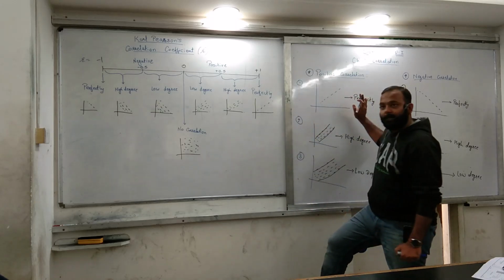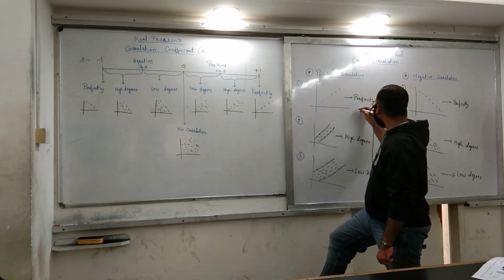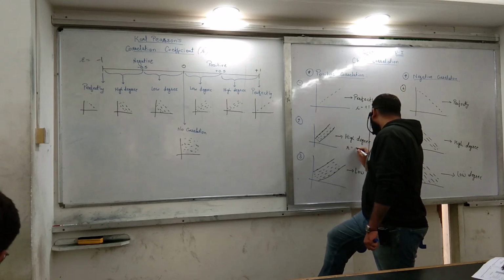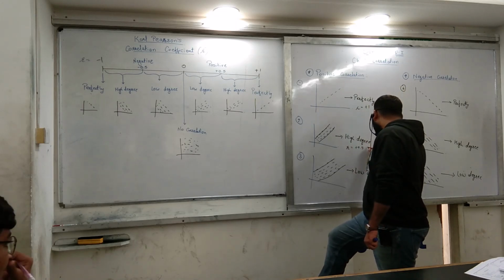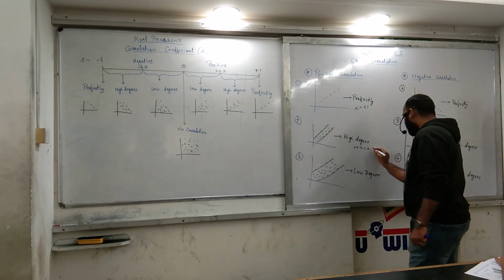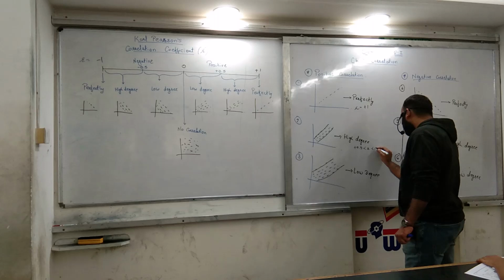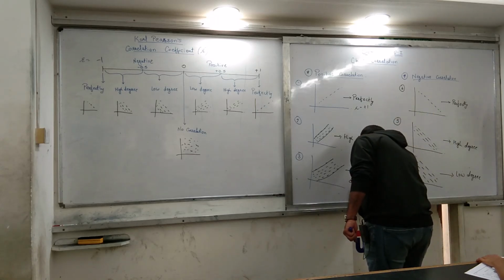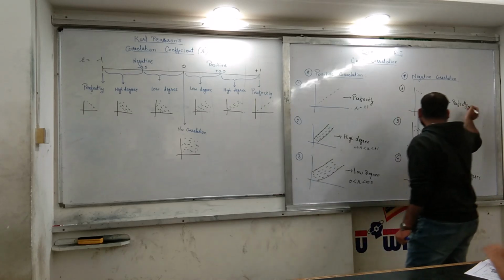You have already made this. Here you have to write r is equal to +1, then +0.5 is less than r is less than +1, and 0 is less than r is less than +0.5.